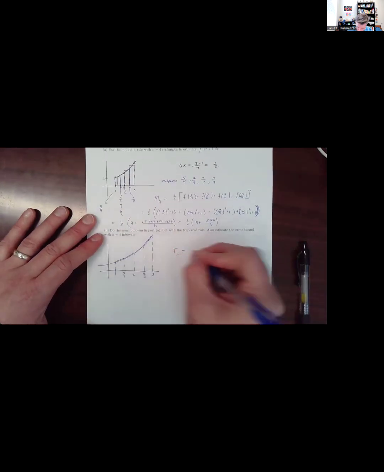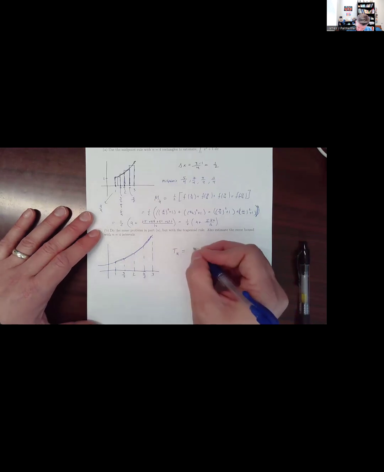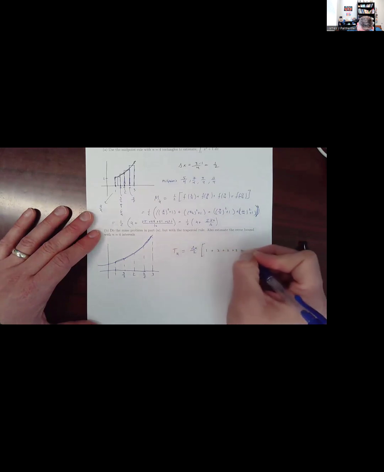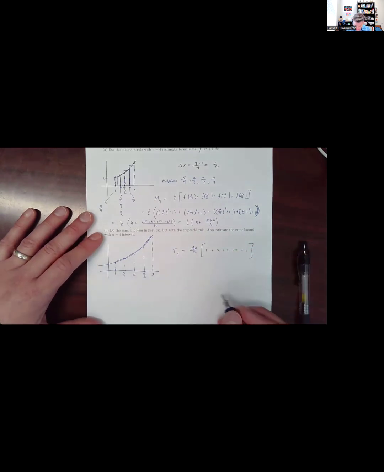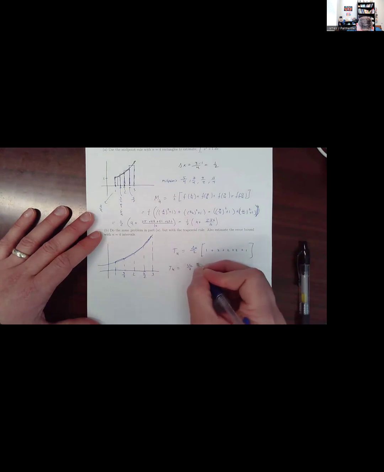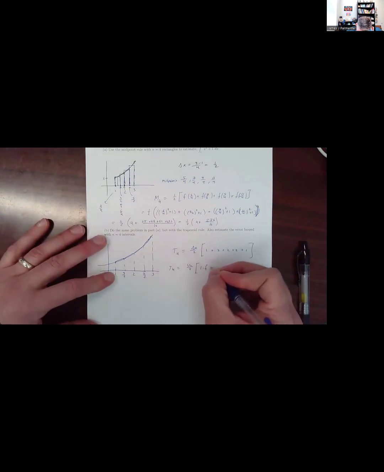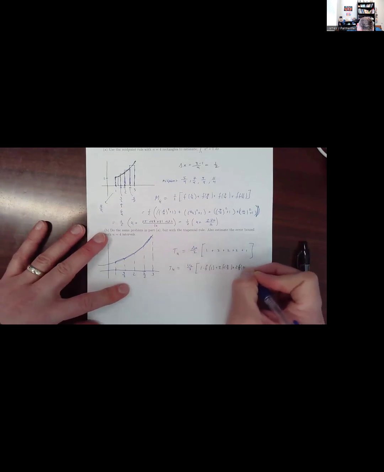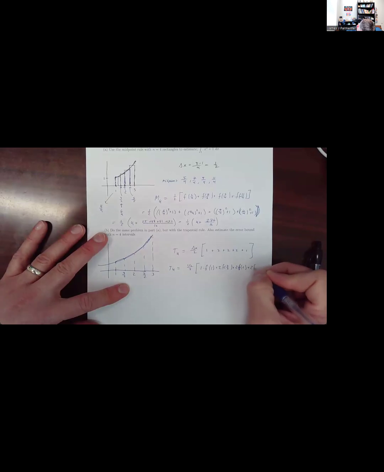Trapezoid rule for 4 intervals is going to be your delta x over 2, and then it's the 1, 2, 2, 2, 1 pattern. In this case, delta x is my 1/2 over 2, and then it's going to be 1 times f of 1 plus 2 times f of 3/2 plus 2 times f of 2 plus 2 times f of 5/2 plus 1 times f of 3.